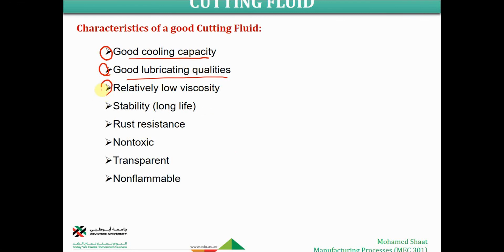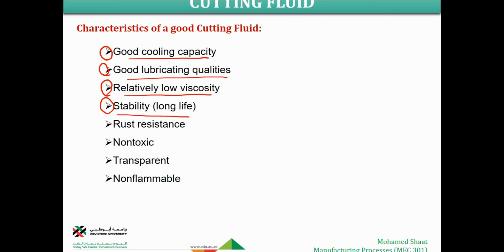Also, it should have low viscosity to be fluid, because if it is very viscous, it won't flow through the pipes of the machine to reach the machining zone. So it should be of a lower viscosity. Also, it should have good stability. It means a long life.